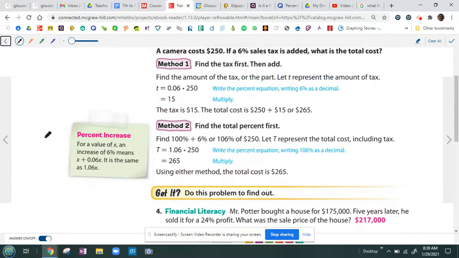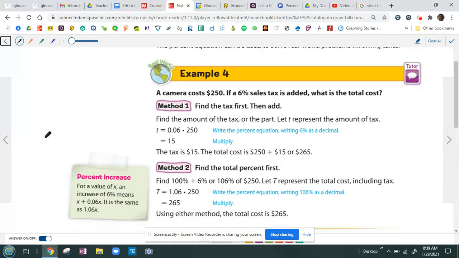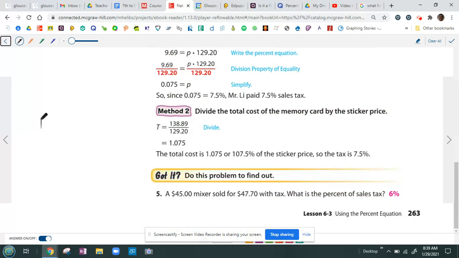Okay, so the equation would be, I think it's A equals P times B, right? So what they did is they just threw in the price, sorry, this is the 38.89, right? Okay, so they put that cost in for the part.